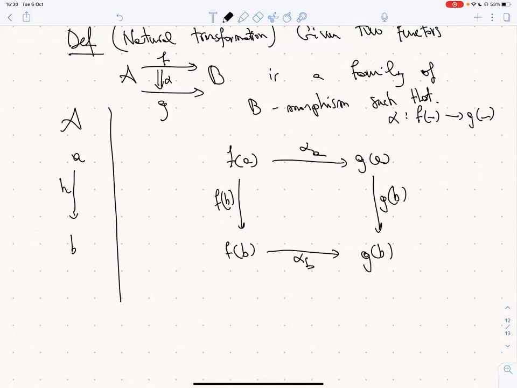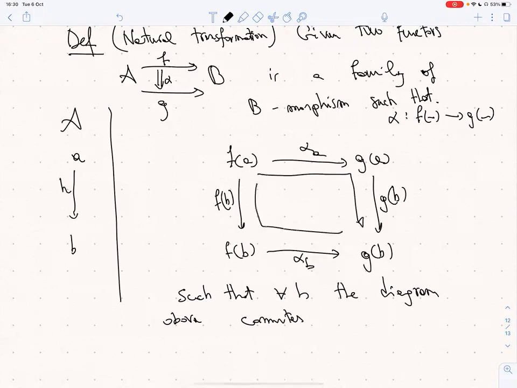Like in this case, we have alpha A and then alpha B, such that for all H, this diagram commutes, which means that this composition is the same as this composition. Okay.